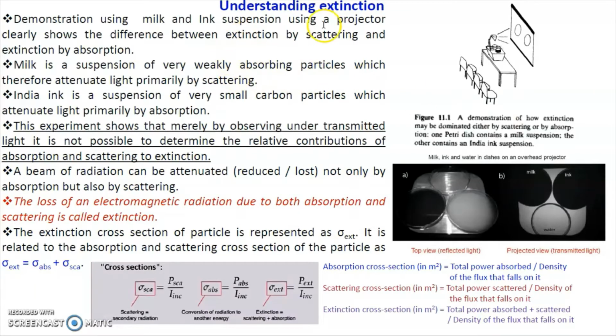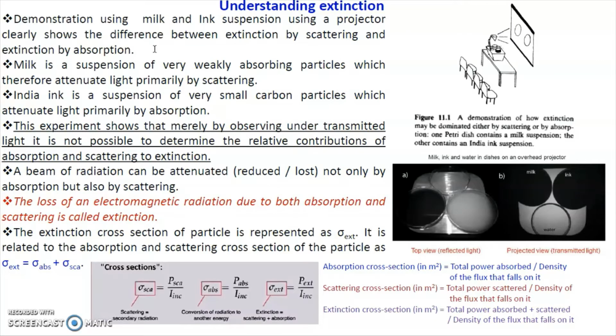To understand extinction, we are going to use a demonstration. So let us try to understand this demonstration. A demonstration using milk and ink suspension with a projector clearly shows the difference between extinction by scattering and extinction by absorption.